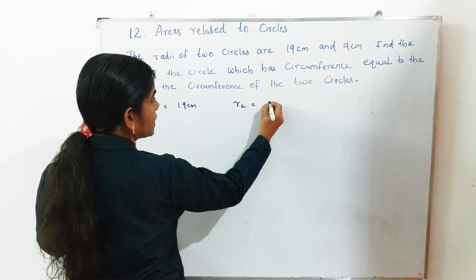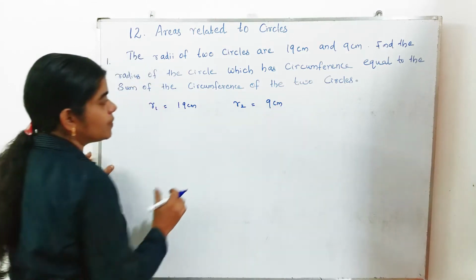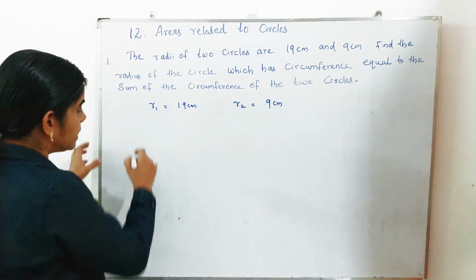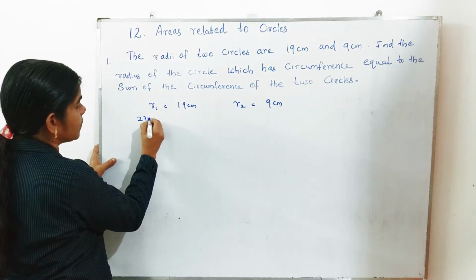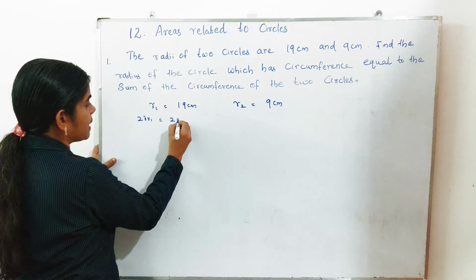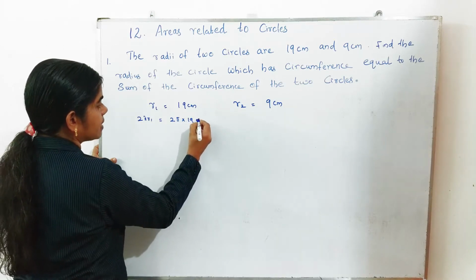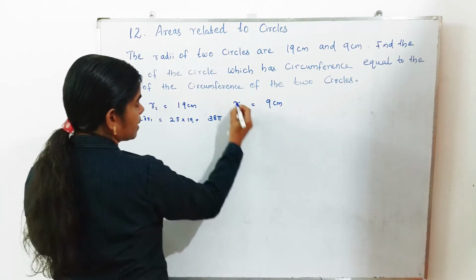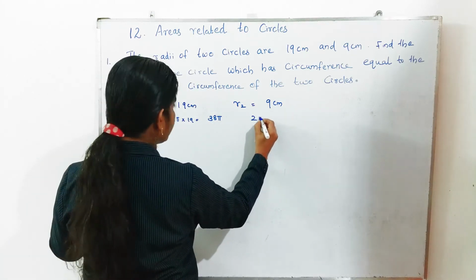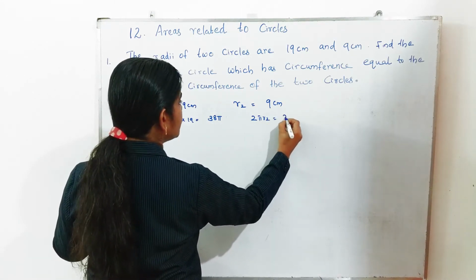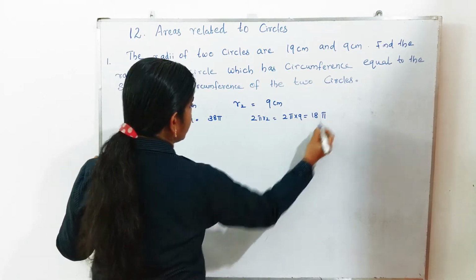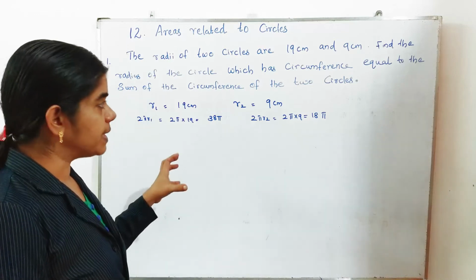R2 is equal to 9 cm. You want to find the perimeter or circumference of these two circles. Then 2 pi r1 is equal to 2 pi into 19, that is equal to 38 pi. This circle's perimeter 2 pi r2 is equal to 2 pi into 9, that is equal to 18 pi.